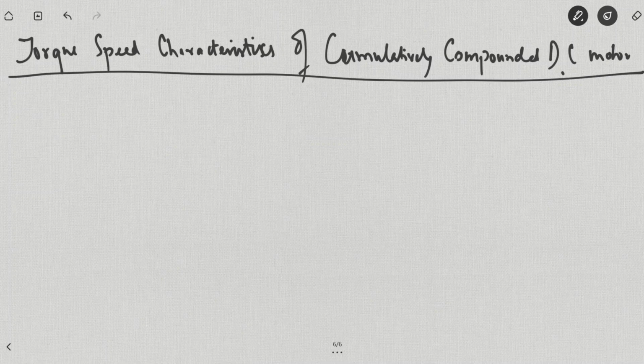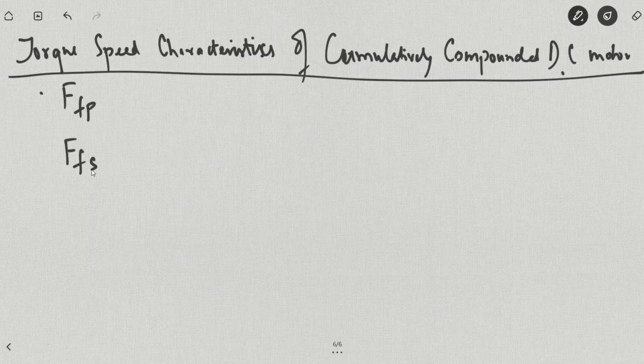So in case of a cumulatively compounded DC motor, we have seen that the two magnetomotive forces basically add up with each other. Because of the two flux components, you have the flux component produced by the shunt winding, and the flux component produced by the series winding.